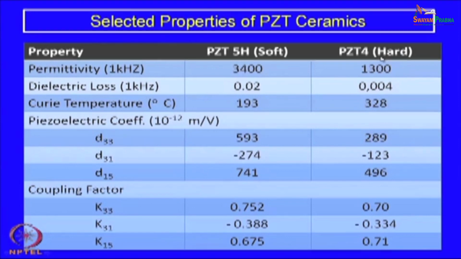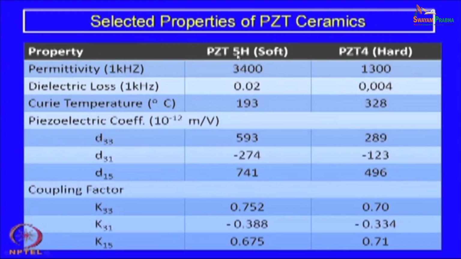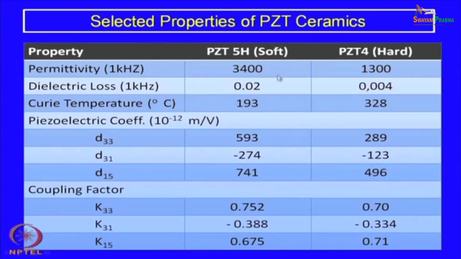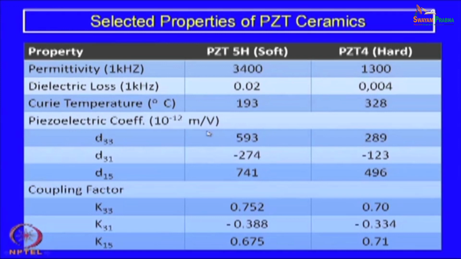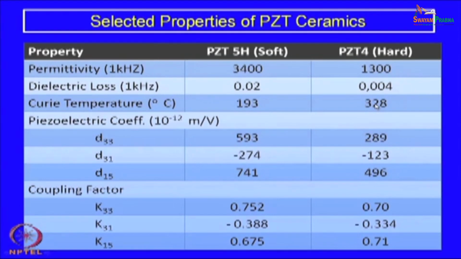and once you have polarized it, it is difficult to depolarize it, whereas the soft one needs relatively low voltage, and also the Curie temperatures are different. For example, you can see here this is a much higher Curie temperature, 323, whereas this is 193.